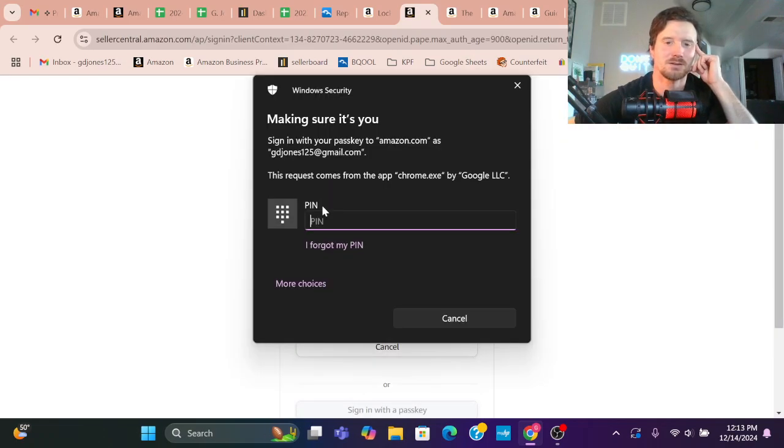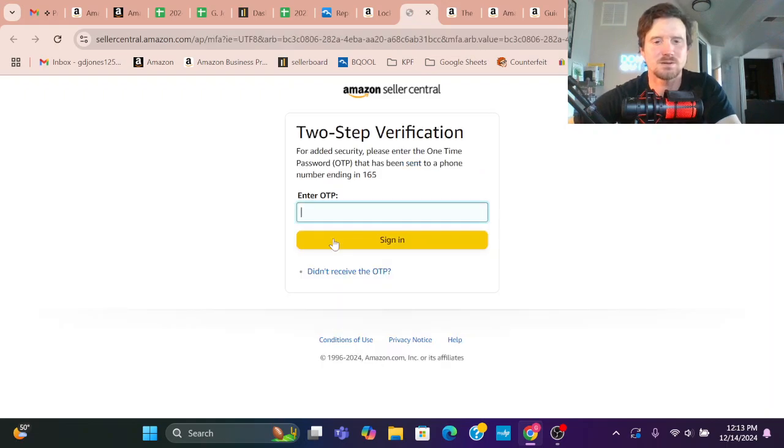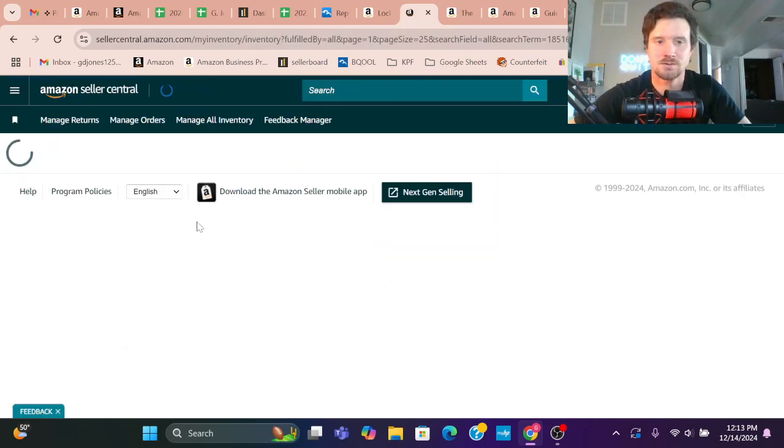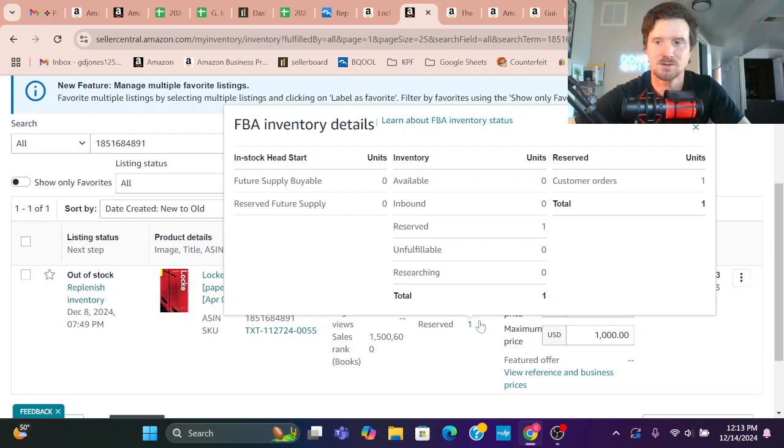I haven't seen this one in my stranded inventory or anything, so I don't know if that's what's going on. I've tried to stay on top of that stranded inventory stuff, but it definitely gets away from me sometimes, if I don't stay on top of it for a few days. Let's see, it's reserved. Why is it reserved?